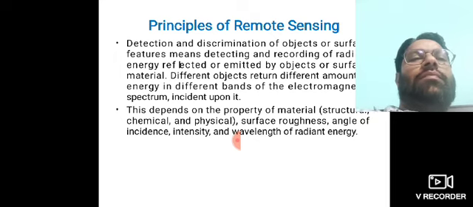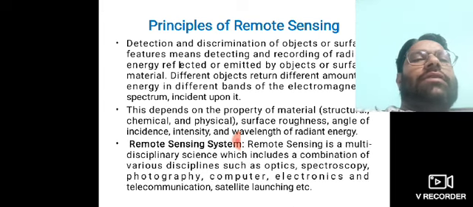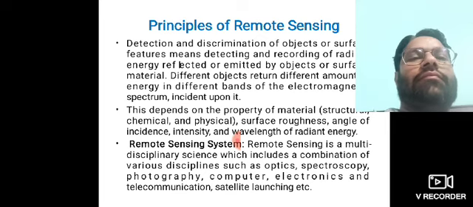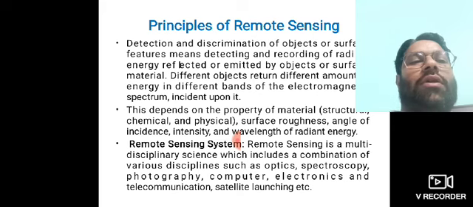This depends on the structural, chemical, and physical properties of the material, surface roughness, angle of incidence, intensity, and wavelength of radiant energy. Remote sensing is generally a multidisciplinary science. It includes spectroscopy, optics, photography, computer science, electronics and telecommunications, satellite launching, etc.